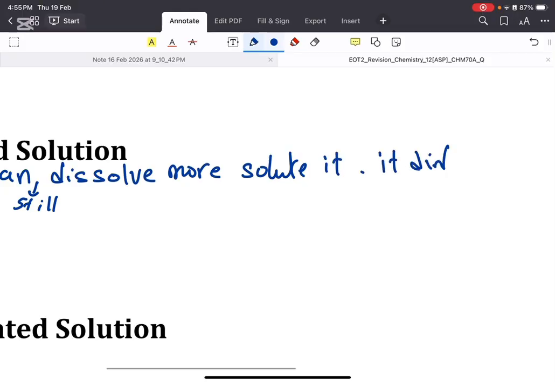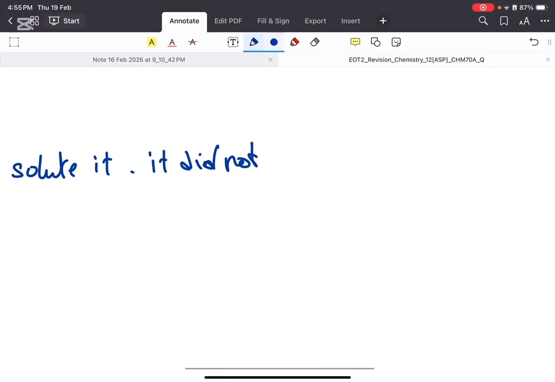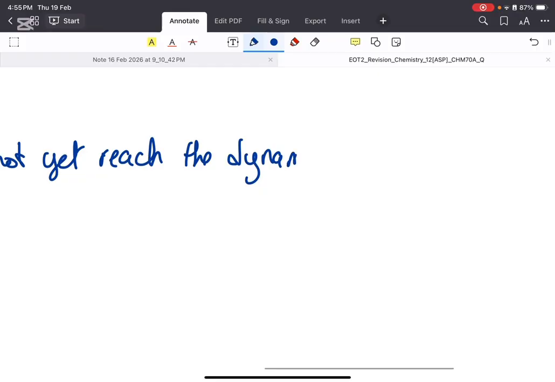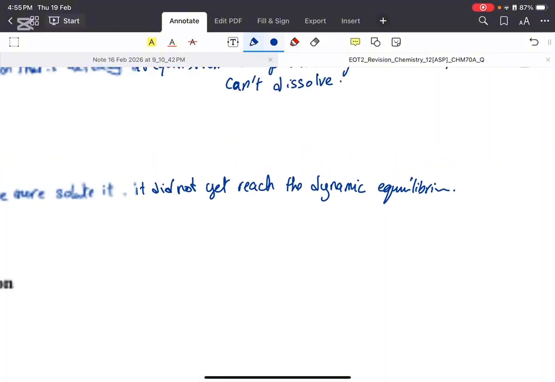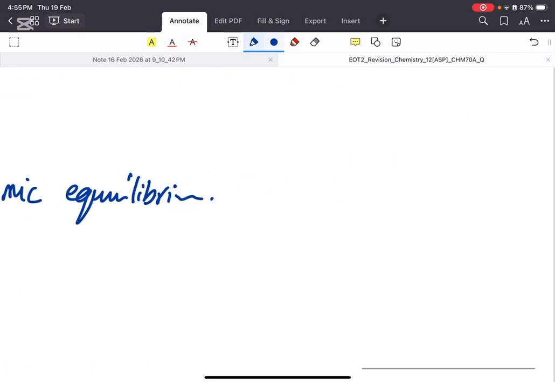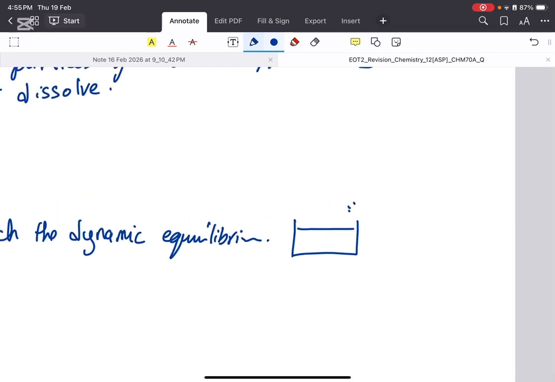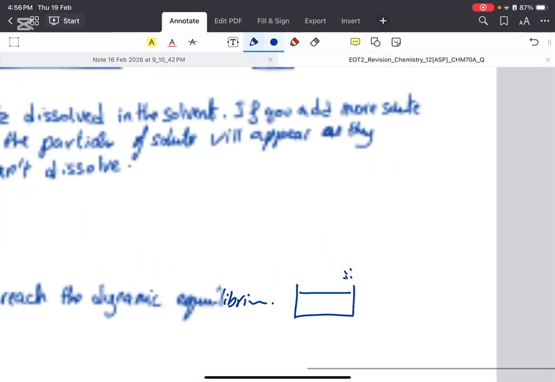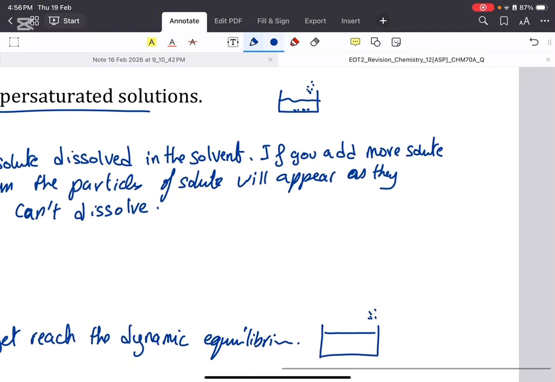It did not yet reach the dynamic equilibrium. So we call it unsaturated. So if I have the solution and I added more solute, I will not see here solute deposited at the bottom, while here I'll see more solute.